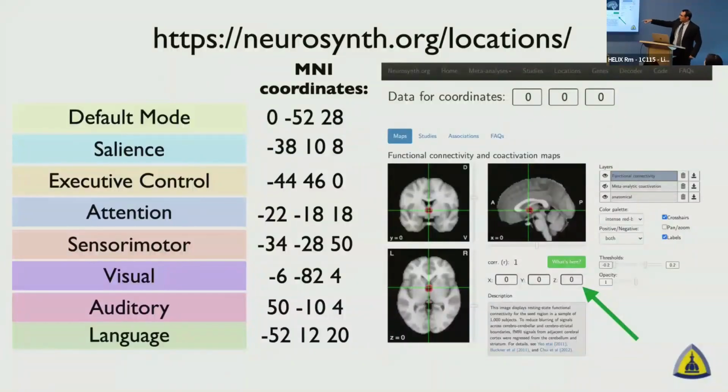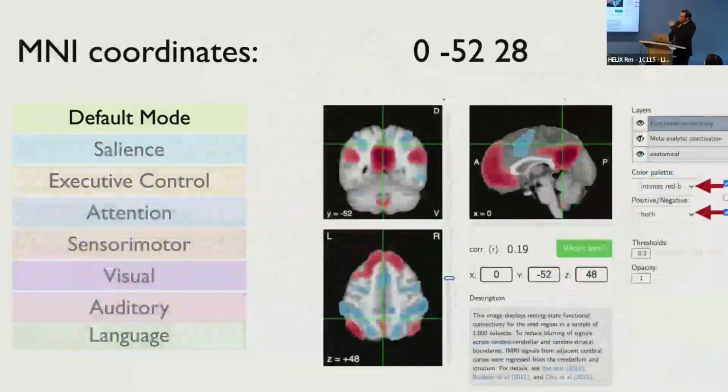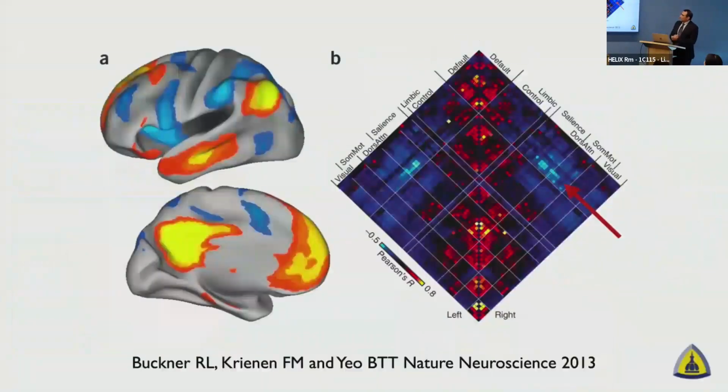And then if you put in those coordinates, the network would show up like this. So if you put a region of interest in the parietal lobe, then the default mode network would show up. Now, this is partly related to how the processing is done, but we talked about the brain as being one organized unit, right?